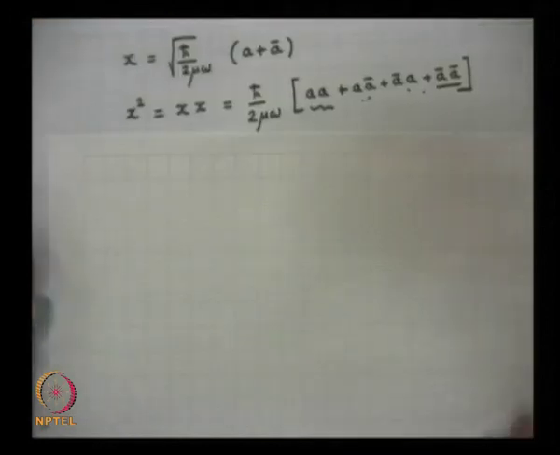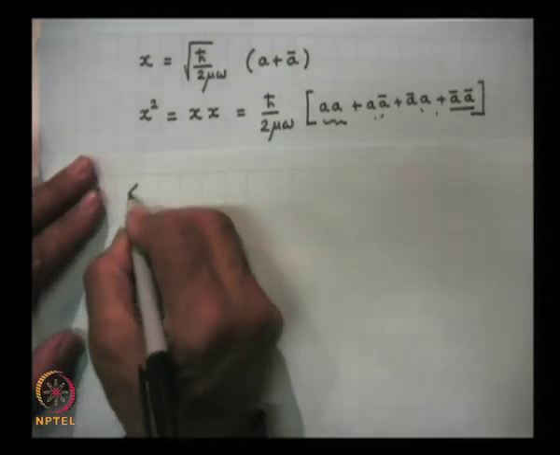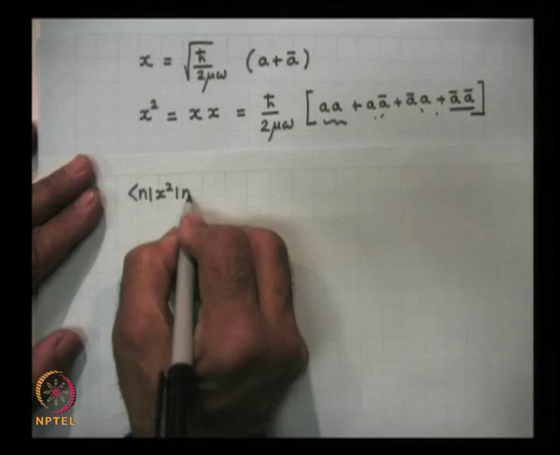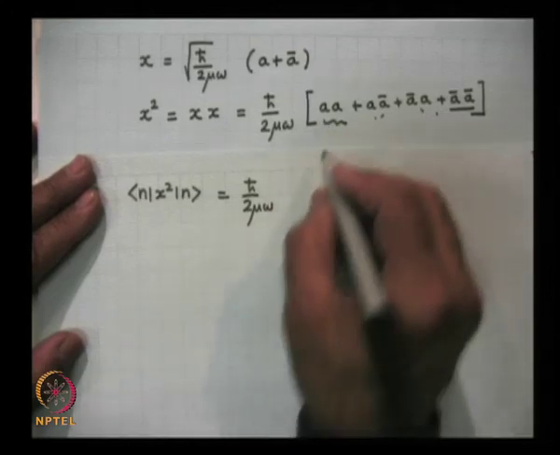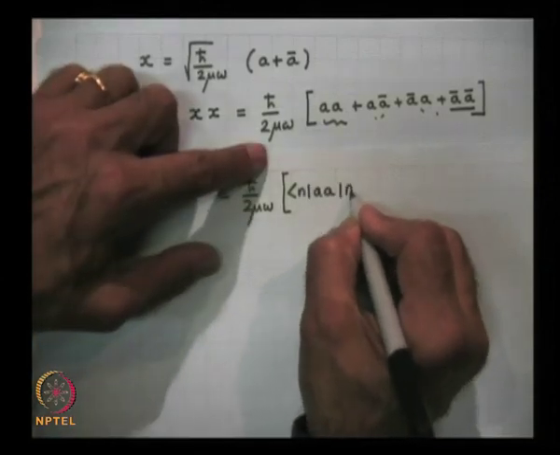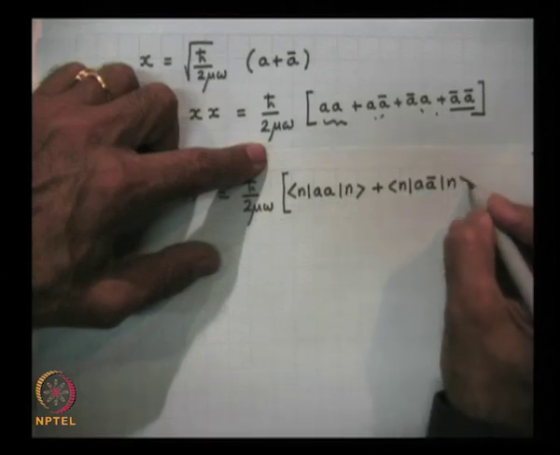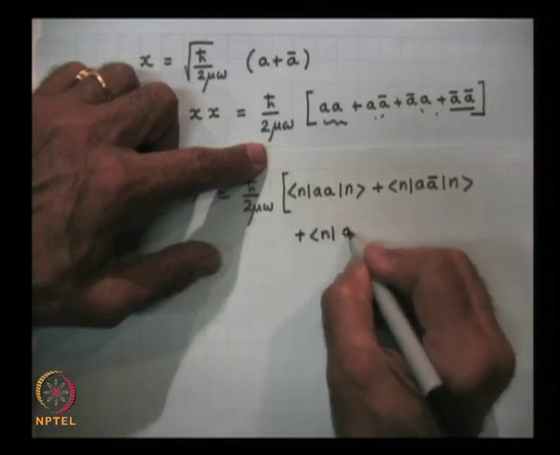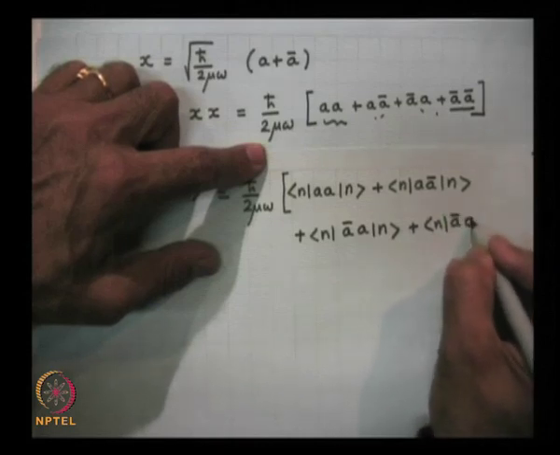So, in this expression, we had this. So, therefore, bra n x square ket n will be equal to h cross by 2 mu omega times, let me write it down, bra n a a ket n plus bra n a a bar ket n plus bra n a bar a ket n plus bra n a bar a bar ket n.